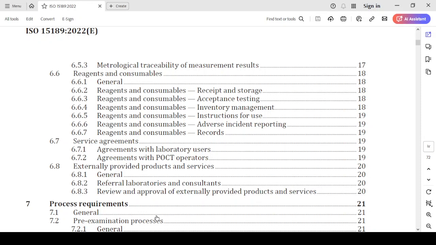Others can be used for safety, for example, a fire alarm or a fingerprint machine, which they call biometric machine. So you can use that to regulate access to the lab. There are very many other uses that you can use equipment for.